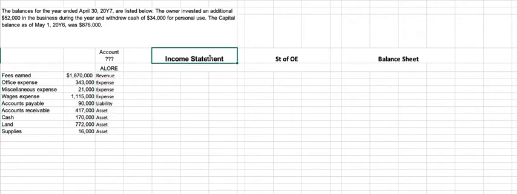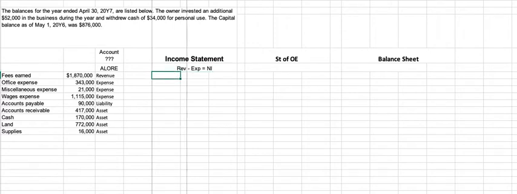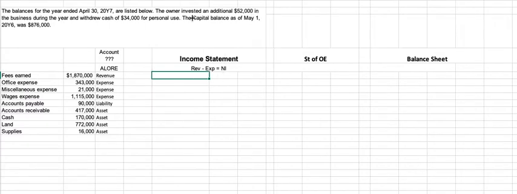The first financial statement we'll make is the income statement. So the first thing we'll review is what is the formula for the income statement. If you said revenues minus expenses equals net income, then you would be right. So the first thing we'll do is we'll look for our revenue account.